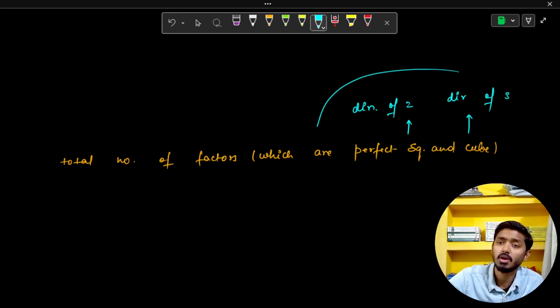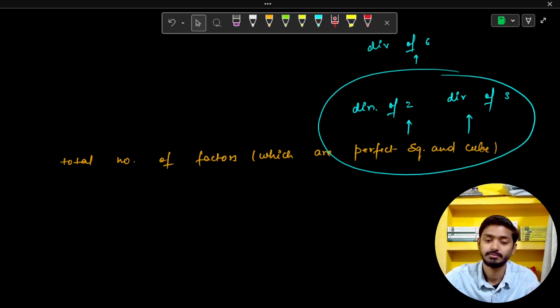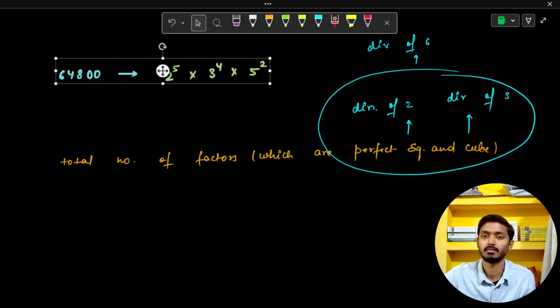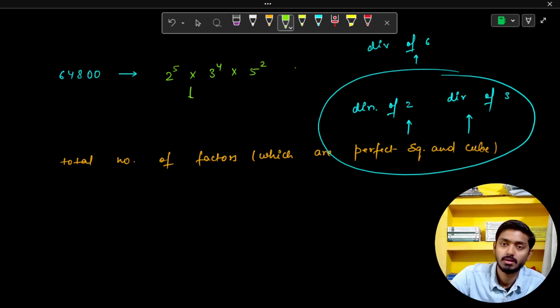In order to check something to be a perfect square as well as a perfect cube, we'll check with the divisibility of 6. In short, we are going to divide the exponents by 6. First of all, let's write the factors as they are and divide the exponents by 6.